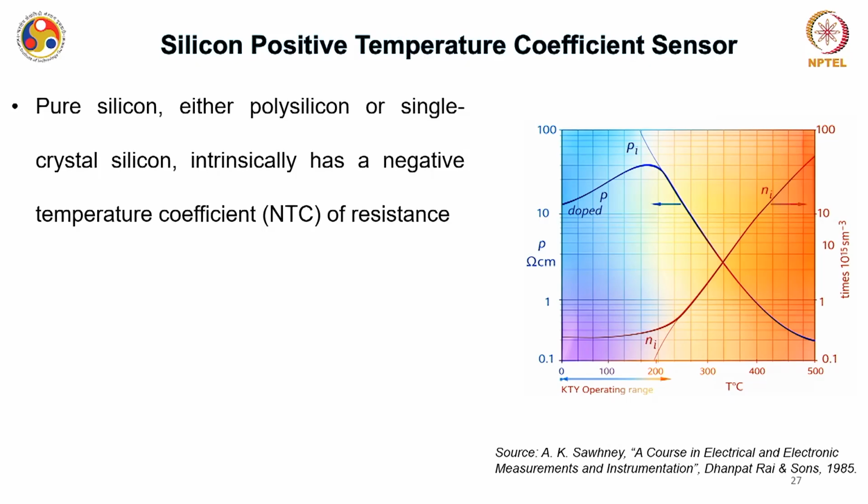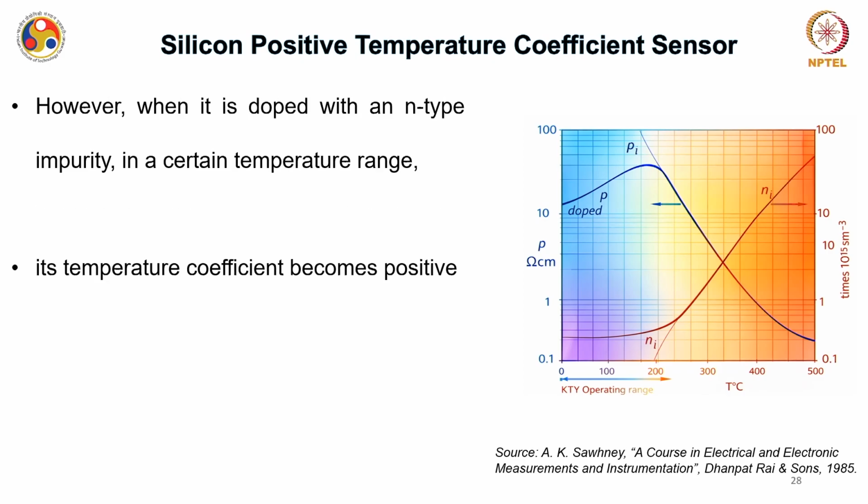So for pure silicon, you talk about either polysilicon or single crystal silicon. Intrinsically they have a negative temperature coefficient of resistance because they are semiconducting materials, and we know that inherently metals have a positive temperature coefficient and semiconductors are NTC devices, with a negative temperature coefficient of resistance.